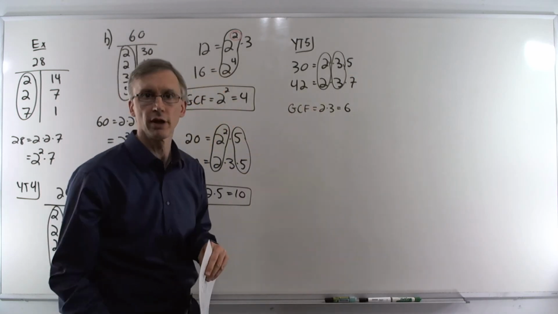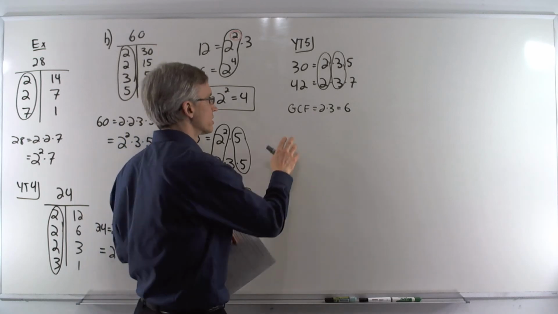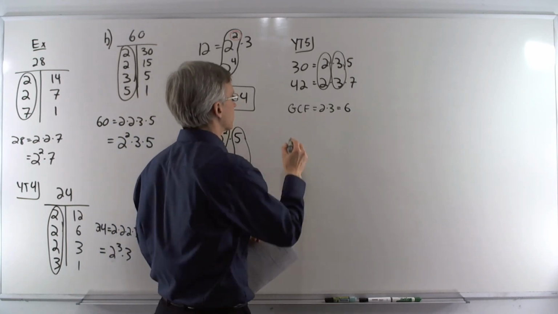Our matches are 2 and 3. Everything's the first power, so the GCF is 2 times 3, or 6.